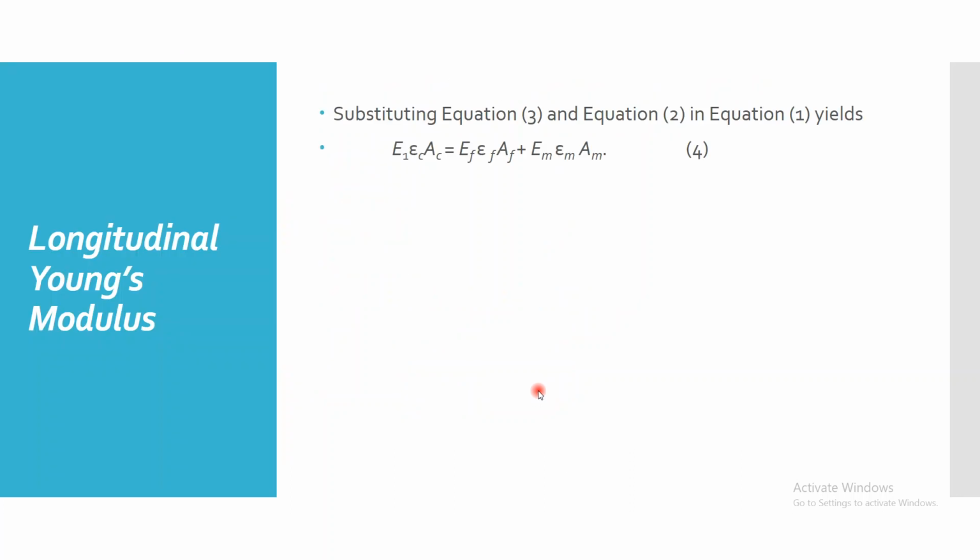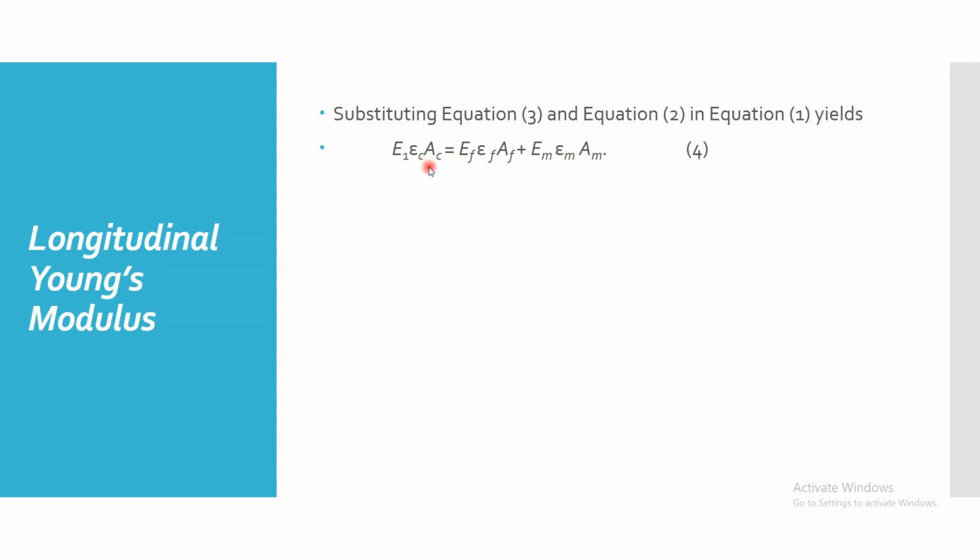And once I substitute those equations, later I can directly substitute those things into the equation number 1. So that I get the relations in this way: stress into cross-sectional area of the composite, stress into cross-sectional area of fiber, stress into cross-sectional area of matrix. So that's what we are going to get.